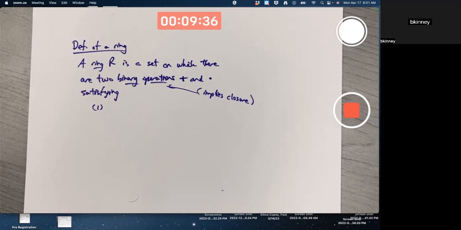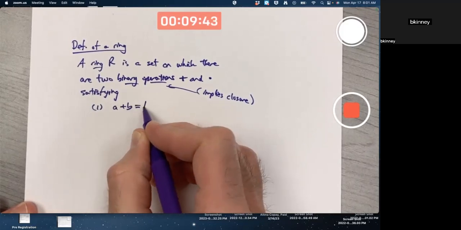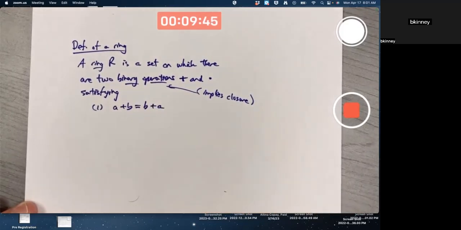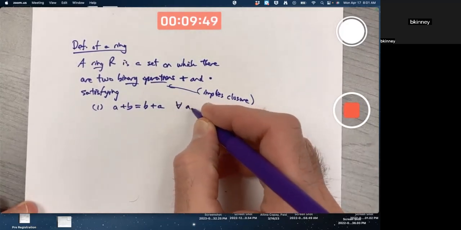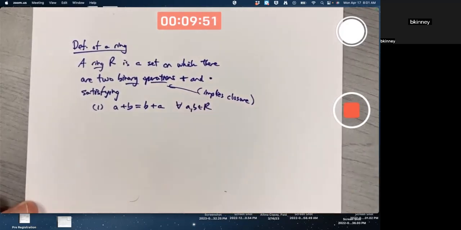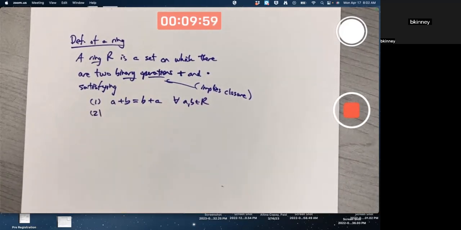But that's not what's done in ring theory. The book labels commutativity under addition as the first property. The other properties under addition are the ordinary group properties, but written with additive notation.